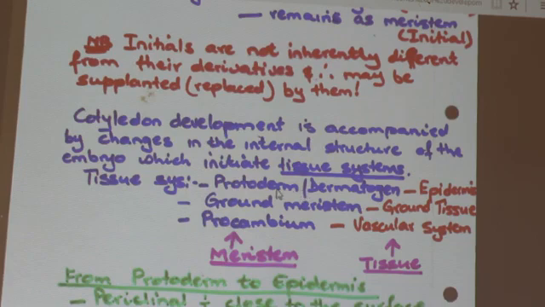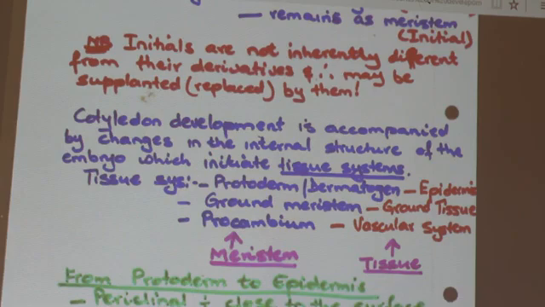You cannot expect a cell that is on the outside to be a procambium. A procambium will be somewhere in the center and it will be elongated. A ground meristem is a cell that is often more rounded. Protoderm or dermatogen, these are cells that become elongated along the periphery.